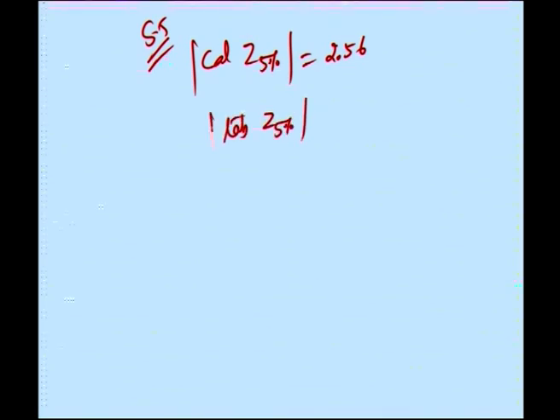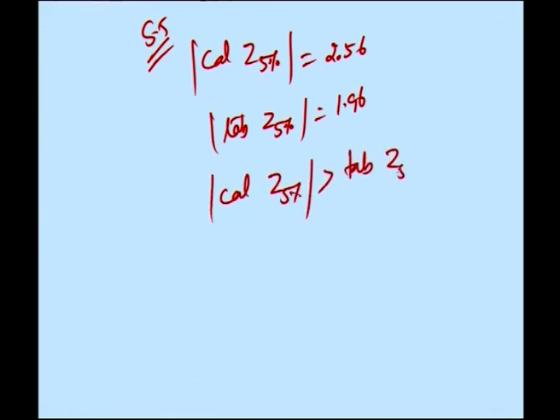at 5% is 1.96. Therefore, calculated Z is greater than tabulated Z at 5%. Therefore, H naught is rejected. H naught is rejected in the sense the difference is not likely to be hidden.